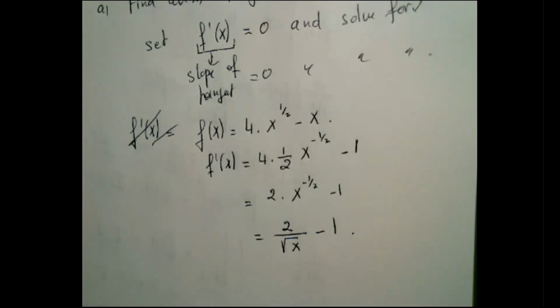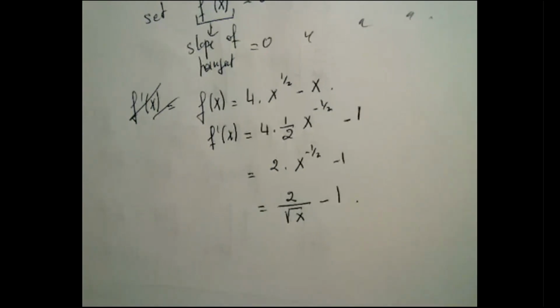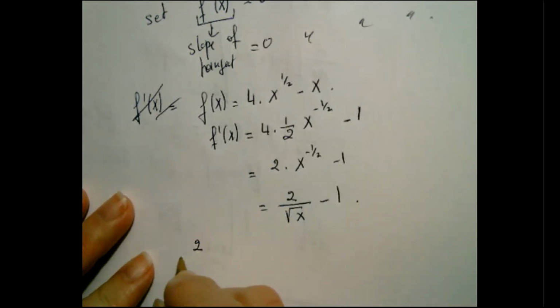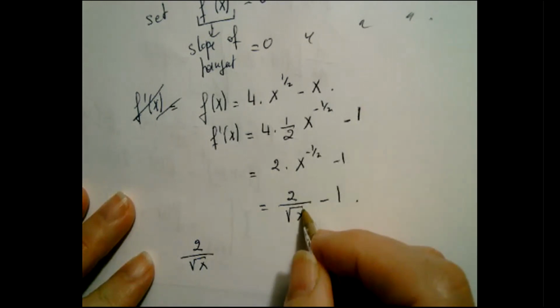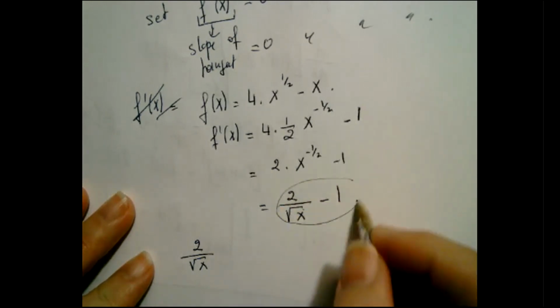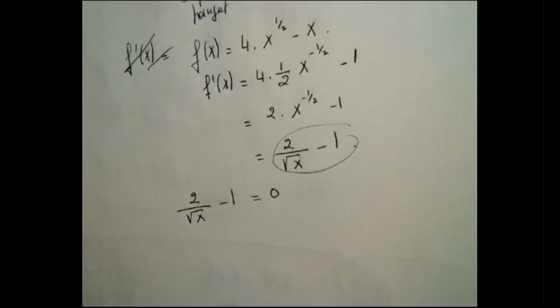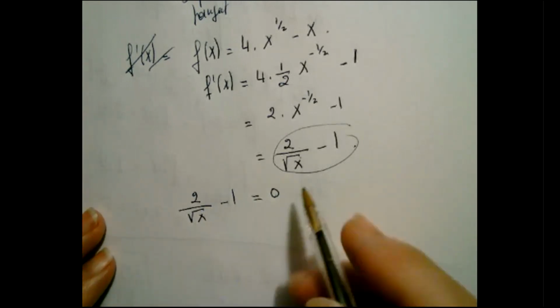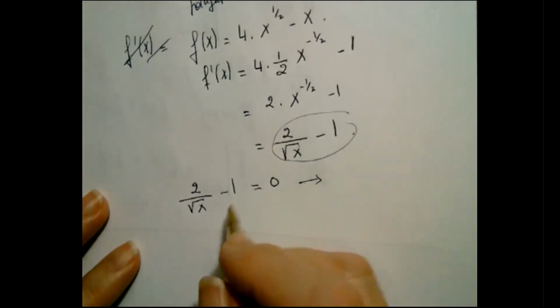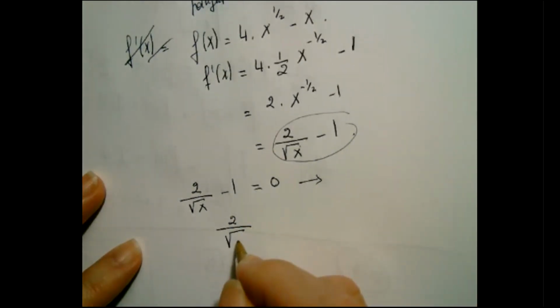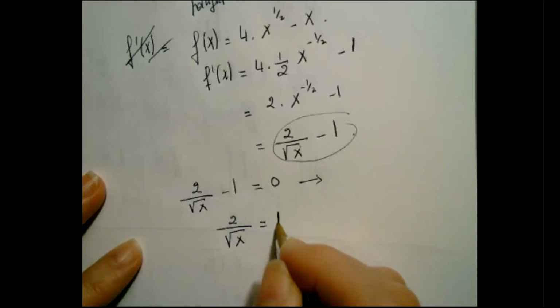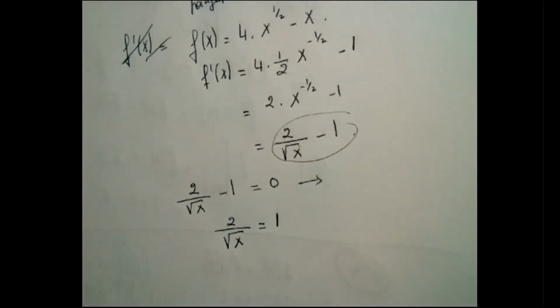Okay, now we need to solve. It means I want to find which x I should put here that will give me a 0. So now I'm setting the slope. This tells me at every point, that's the formula for the slope. Now I'm going to set this equal to 0 and we're going to solve for x. All right, now how do we solve for x in here? I will put the 1 on the other side and then we cross multiply.